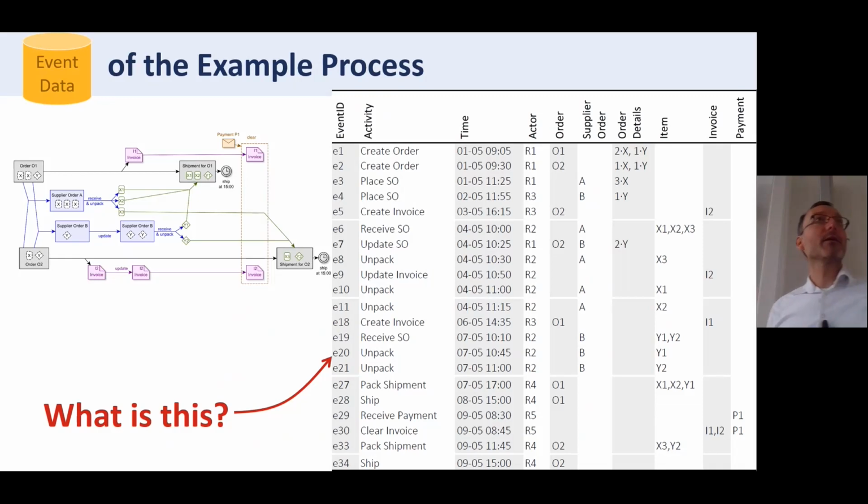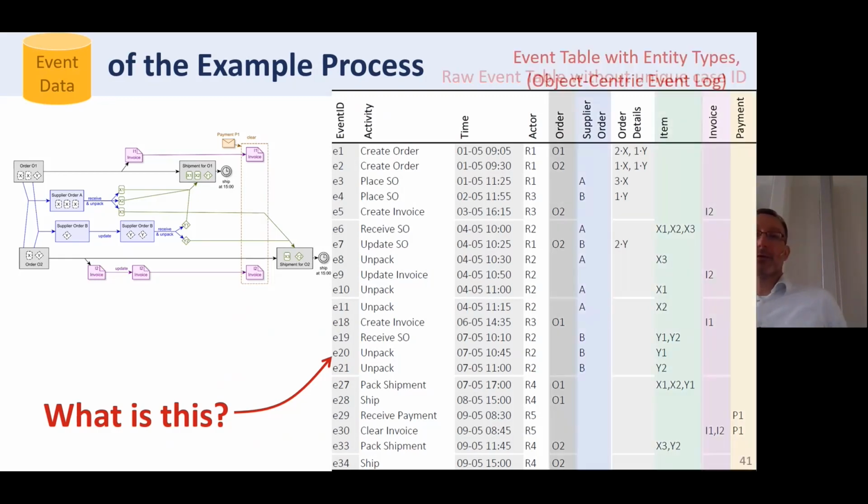It's an object-centric event log. We can also call it a raw event table without unique case ID, or event table with entity types. It doesn't really matter. The point is, you have multiple entity types indicated in the attributes, and you have all these identifiers that say I have order 1 and order 2, supplier orders from A and B, and so on.